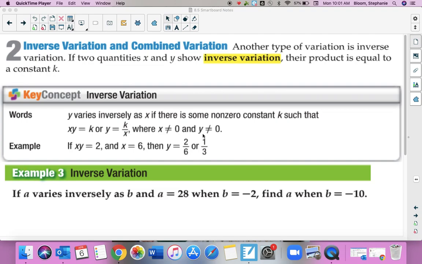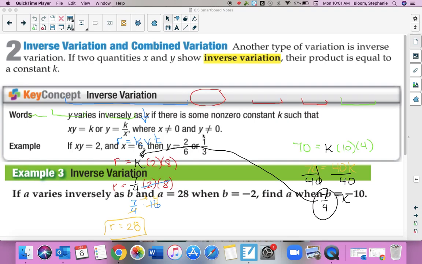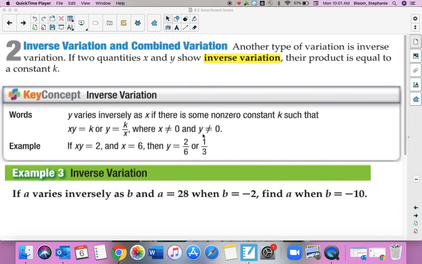Next is inverse variation. And remember that we learned with inverse functions, it's like flipping your x and your y. So in this case, if you recall, direct variation meant you wrote it times the constant k.